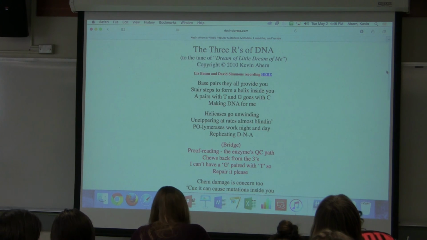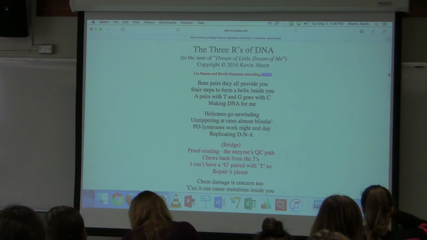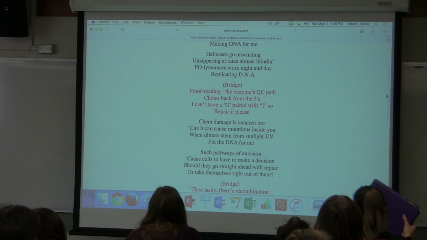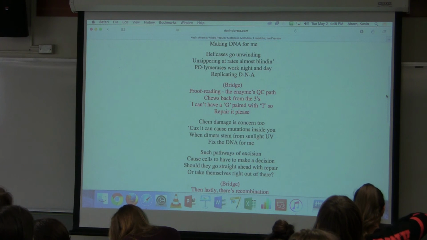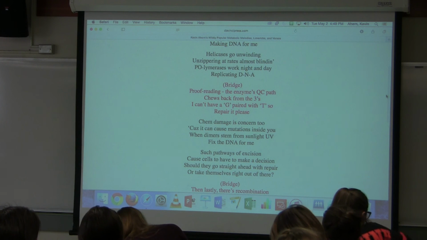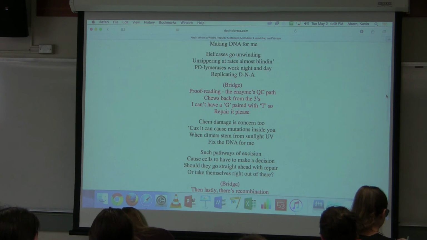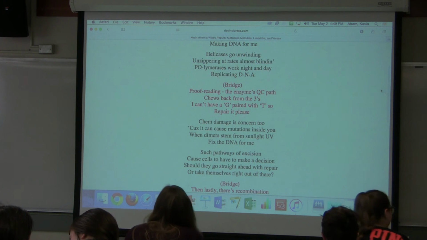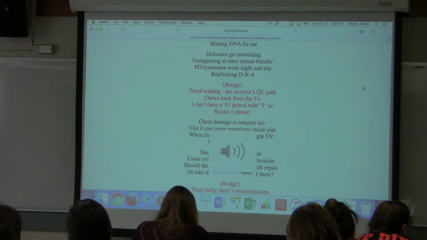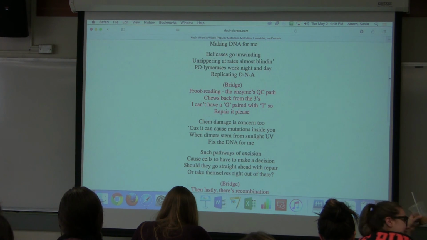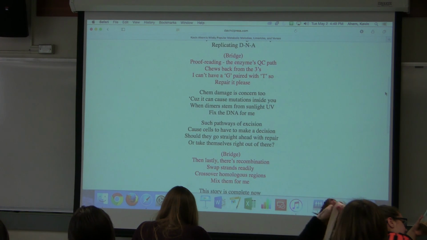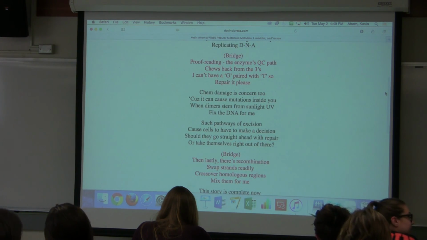Making DNA for me. Replicating DNA, proofreading the enzymes QC path, choose that from the three.